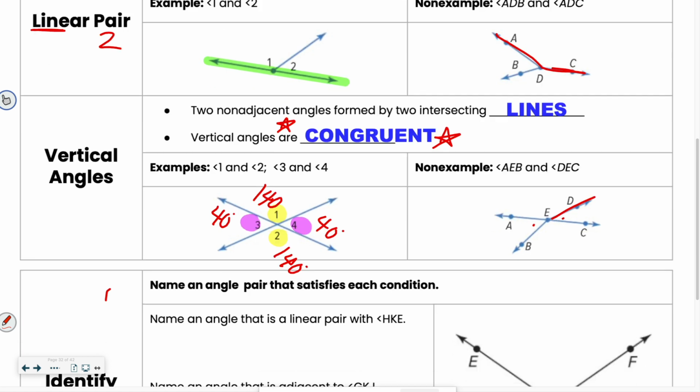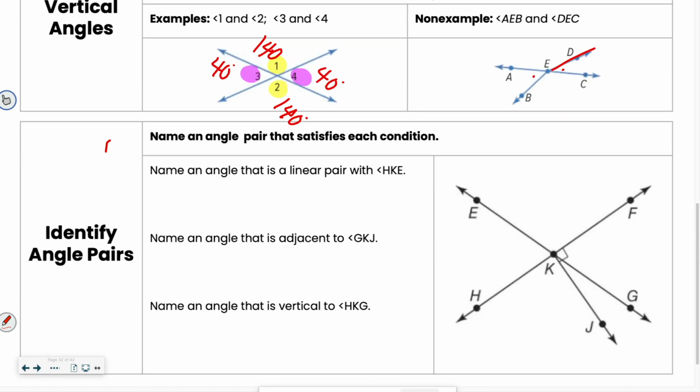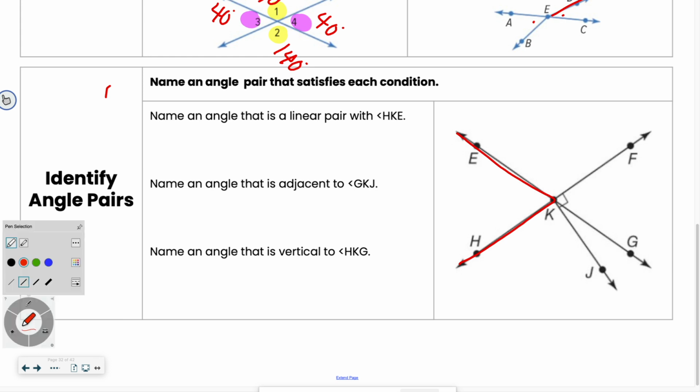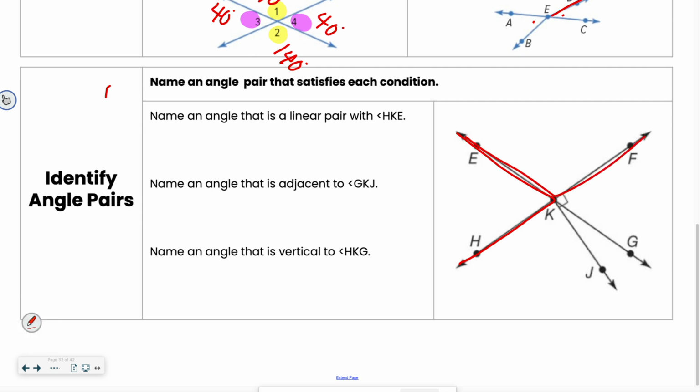All right, let's look at a diagram now and answer some questions, okay? Name an angle that is a linear pair with HKE. If I trace out HKE, I want another angle next to it that makes a straight line. Anyone have an idea? FKE? Is that what someone said? No, FKG would work too. Yeah, those actually both work.